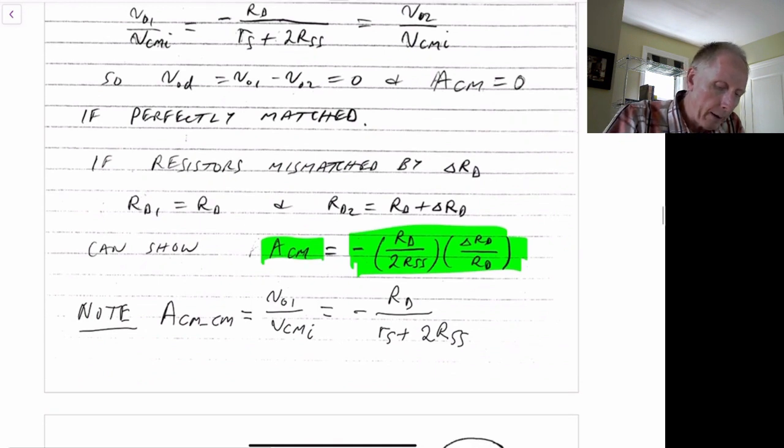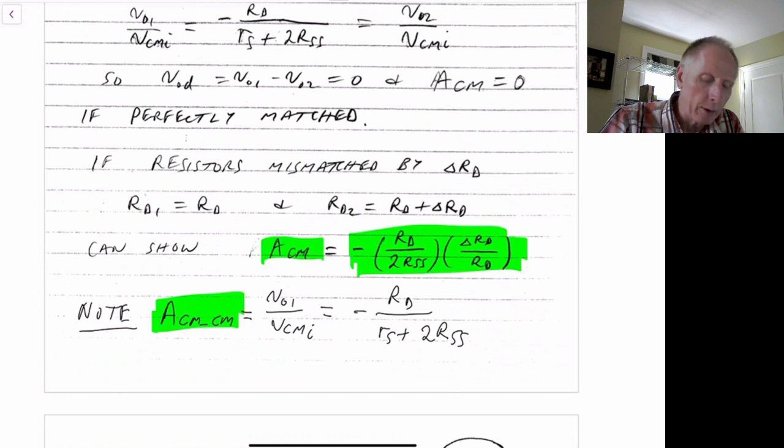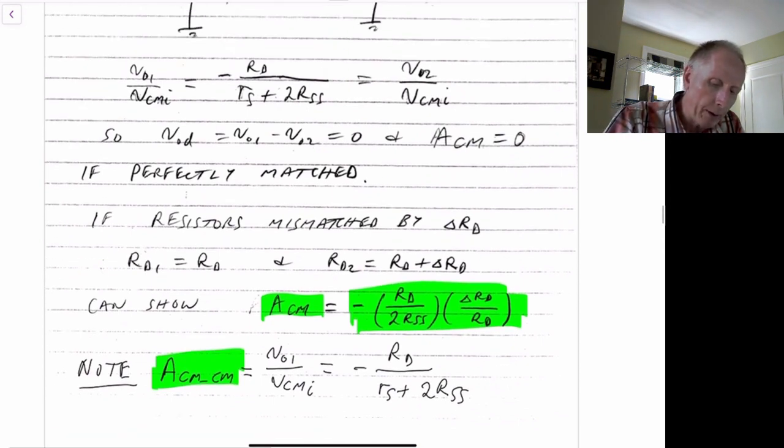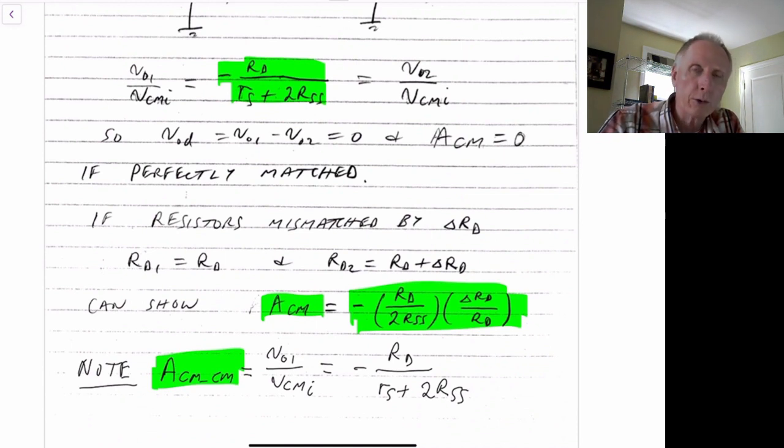Note, by the way, that if we want to find the common mode gain, that was simply what we had up here at the top. This was our common mode gain, which is not really of interest to us, but in case we want to know what that was, there it is.